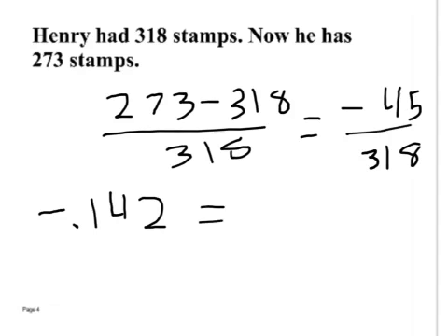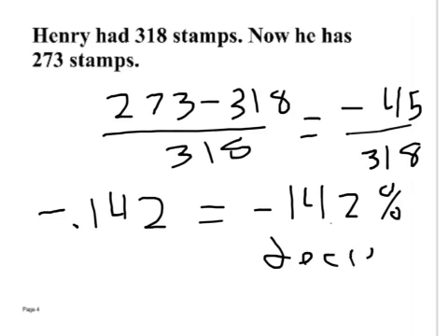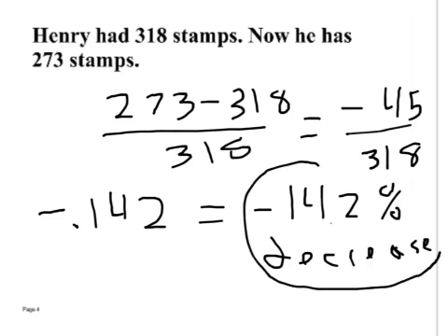I change that to a percent, that's negative 14.2%. Someone raise your hand and tell me if this is an increase or decrease. Nikki. This is a decrease. It is a loss of stamps. It is a negative percentage, which means it's a decrease.